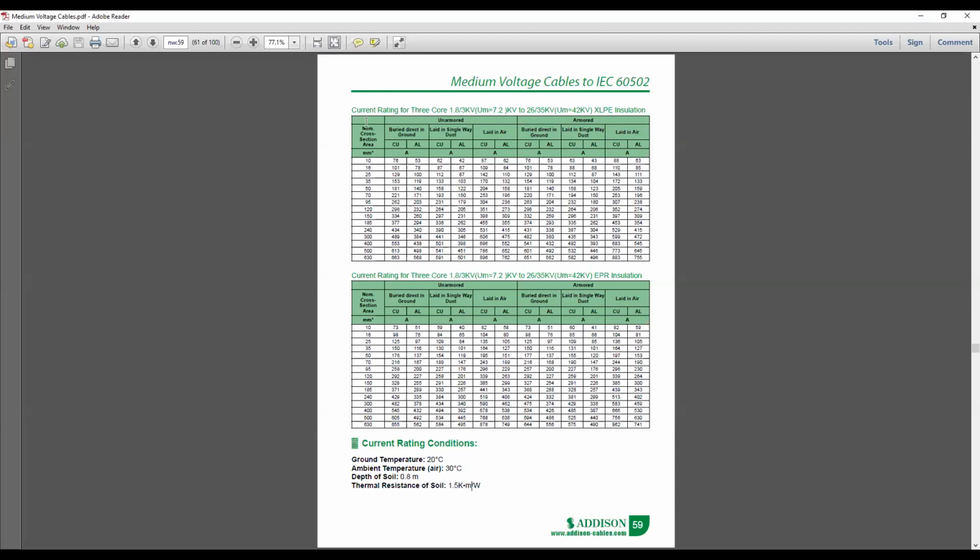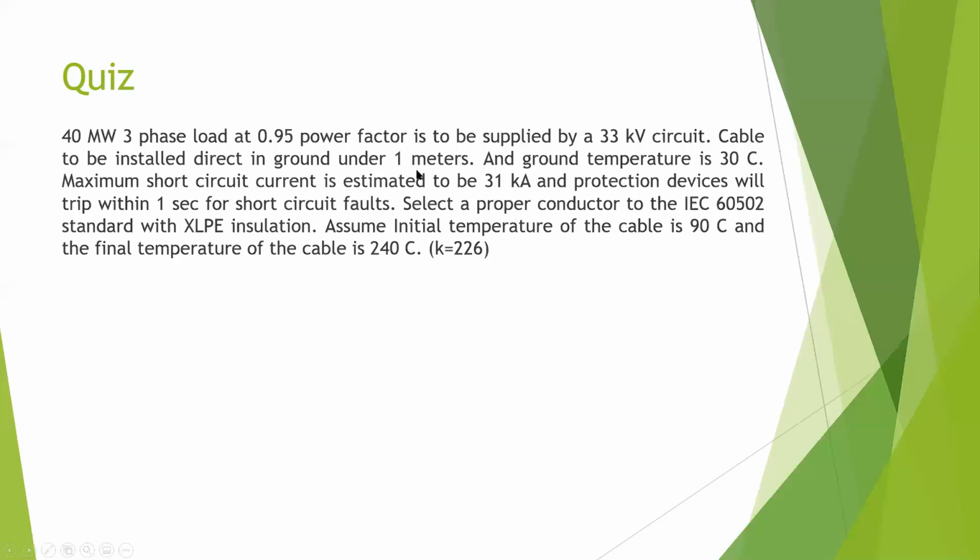For the correction factors, you can refer to the lecture. For the table values, the table specification, you can refer to this manual. I uploaded this to the course web, so you can easily find this and get the values. In here, the depth of soil is 0.8 as the default, and in the lecture and in the quiz it is 1 meter.